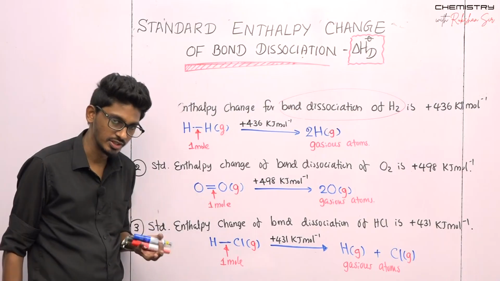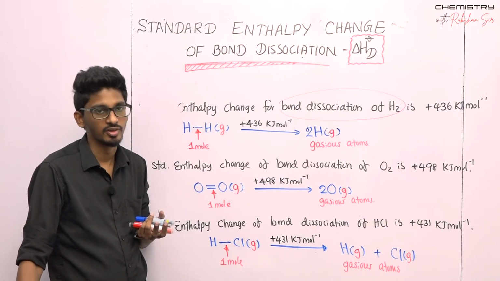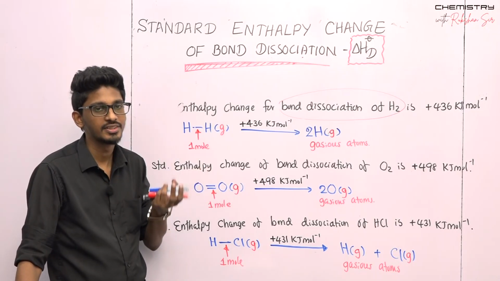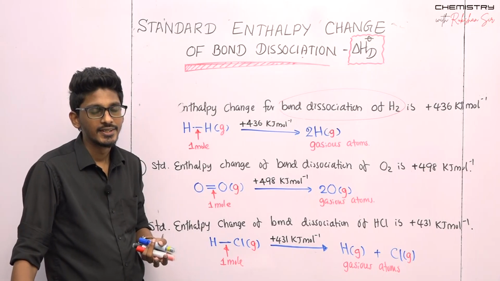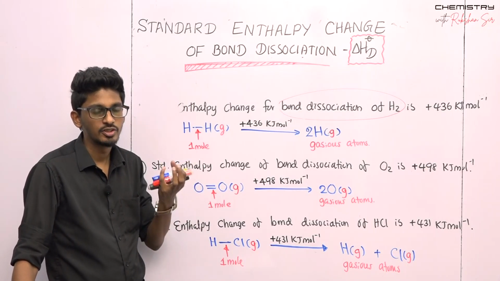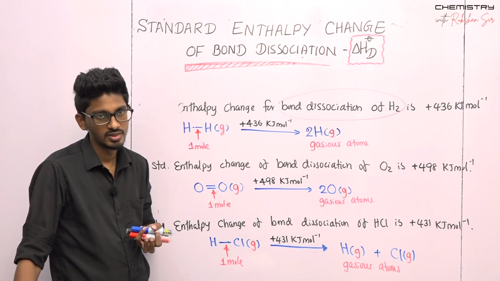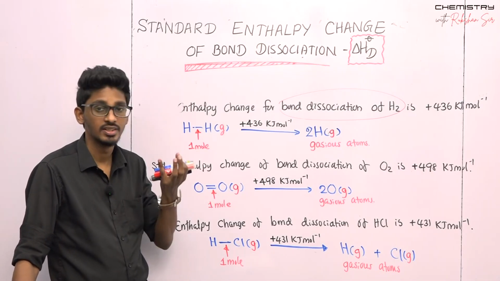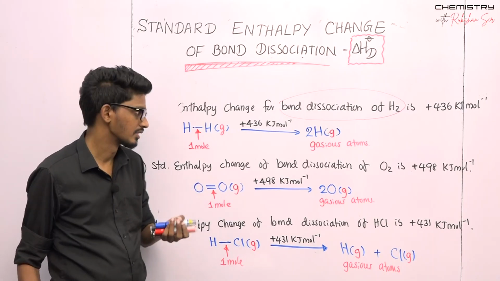When it comes to NH3, as it has 3 NH bonds, we have to break all 3 NH bonds to come up with the nitrogen gas atom and 3 H gas atoms. In such situations, we will consider the average bond dissociation enthalpy. Let's discuss that.